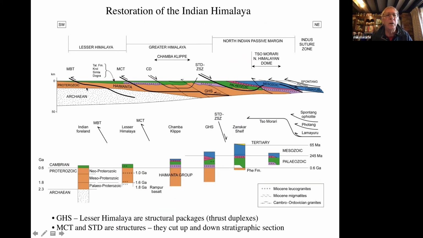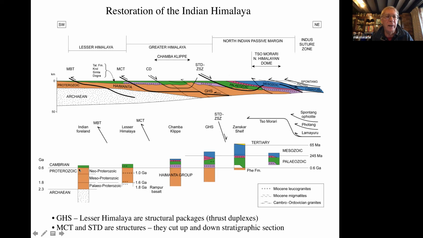And when you reconstruct it, the Indian plate, the Himalayas, bounded today by the active Main Boundary Thrust. These are the two faults I pointed out recently on the previous slide, the Main Central Thrust and the South Tibetan Detachment. So all of these rocks are now high-grade metamorphic, and this is the shelf carbonate sequence that formed the northern passive margin of India.